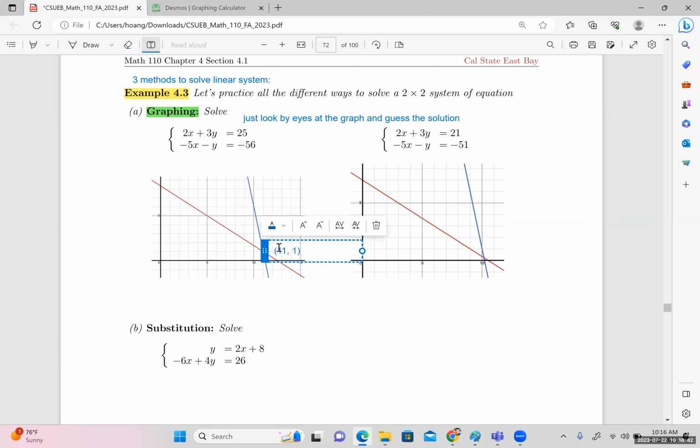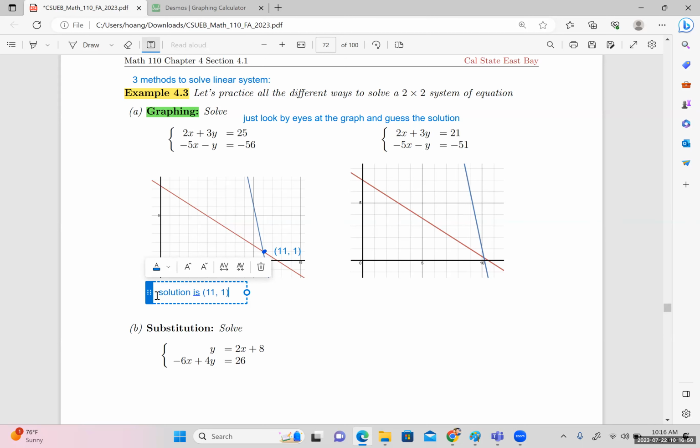Right. So that means what? That means the solution is 11, 1. I usually write x, y equal to this.